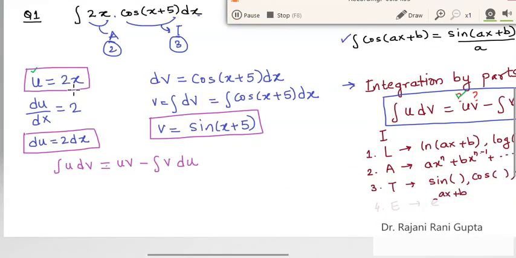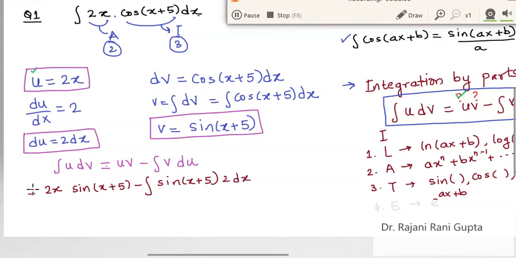So let us substitute the values of u, v and du in this formula. So what we will get? It is equal to u, which is 2x, times v, which is sine(x plus 5), minus integral of v, sine(x plus 5), times du, which is 2 dx.